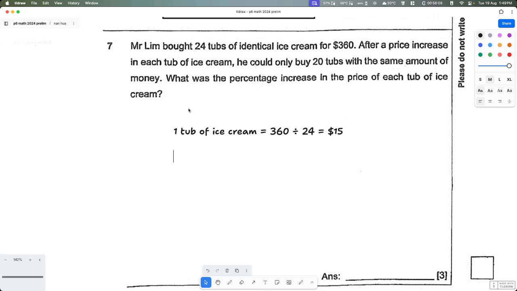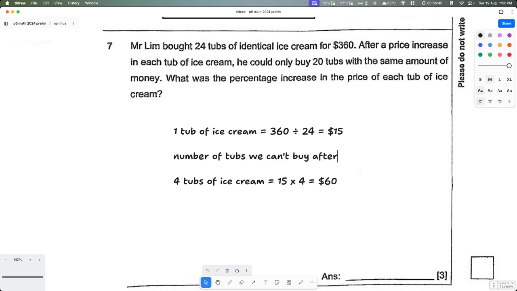So that means the price. So I would say 4 tubs, right? 4 tubs of ice cream is equal to 15 times 4. Okay, equal to $60.